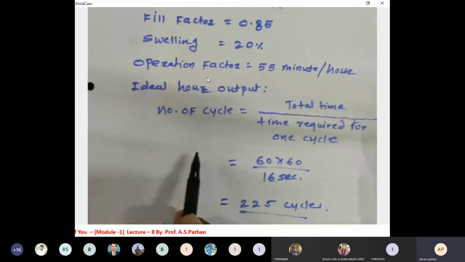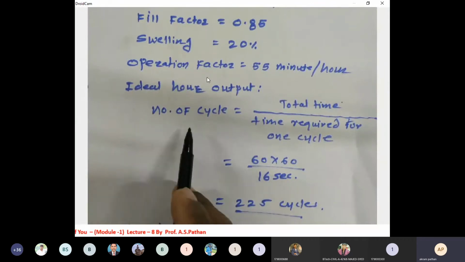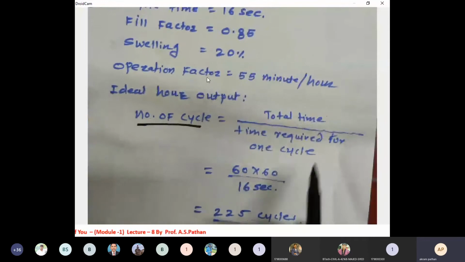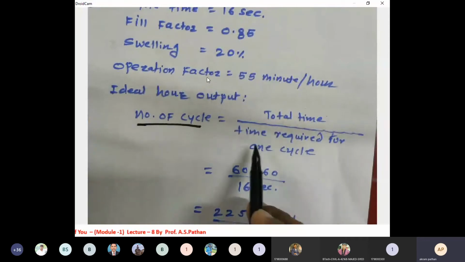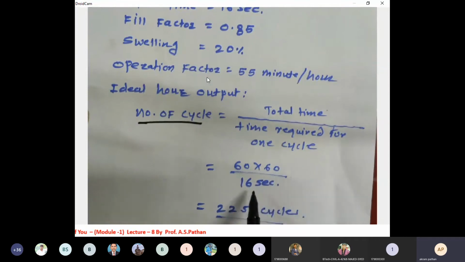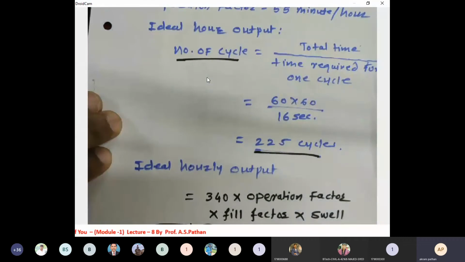Then first we need to calculate the ideal hourly output. First we have to calculate the number of cycles. So total time divided by time required for one cycle. So total time is 60 into 60 divided by 16 seconds. So we will get 225 cycles. Then we have to calculate the ideal hourly output.